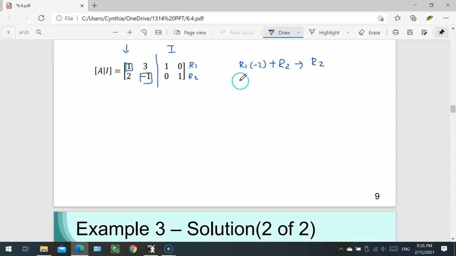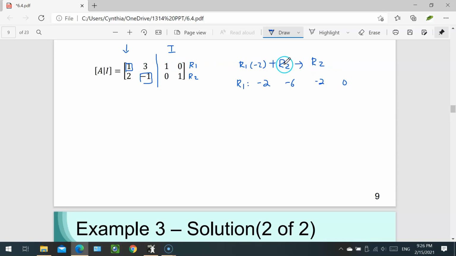Alright, so let me show you the work here. When we have the row 1 multiplied by negative 2, this element 1 turns to negative 2. 3 multiplied by negative 2, you turn to negative 6. 1 multiplied by negative 2, you get negative 2. 0 multiplied by negative 2, you get a 0.